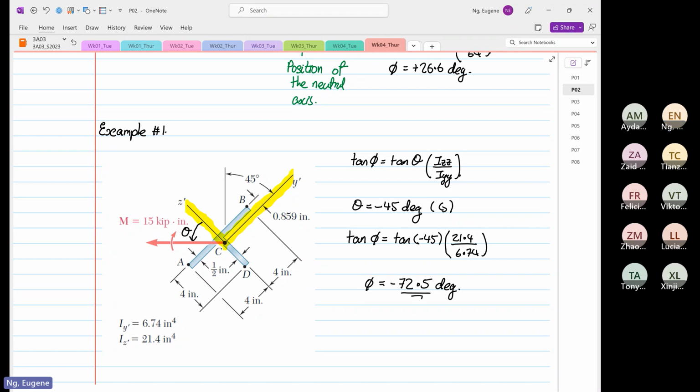Tangent minus 45 times 21.4 divided by 6.74, inverse tangent. Yeah, it's minus. So what does this mean? Okay, so now I'm going to sketch the position of our neutral axis.